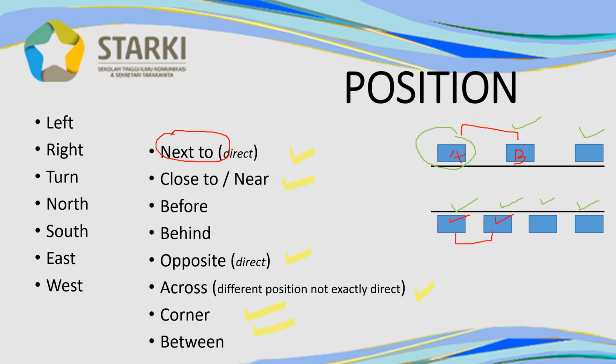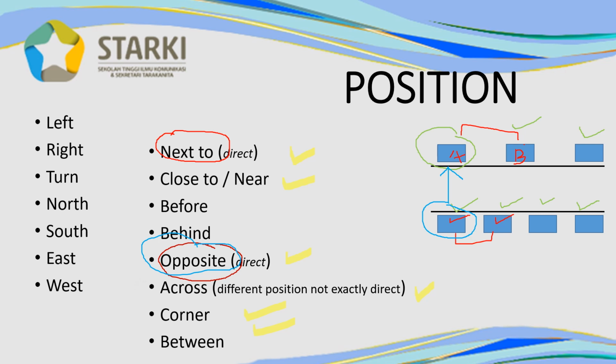Now we are talking about opposite. I changed the color in order to be clear. When we are talking about opposite, we are talking about something direct. Look at in front of you. For example, I take this object. What is something in front of you that is direct? This one. This is opposite.